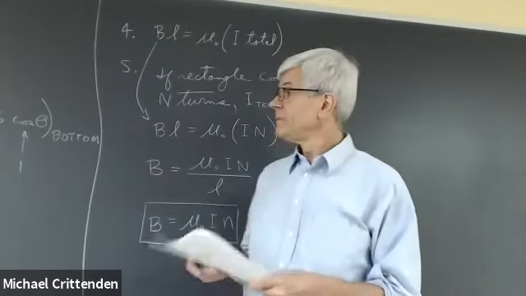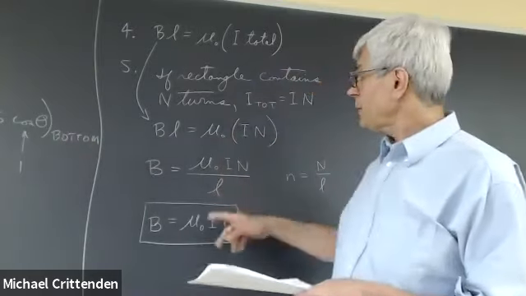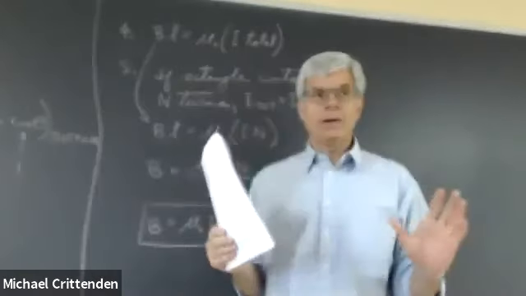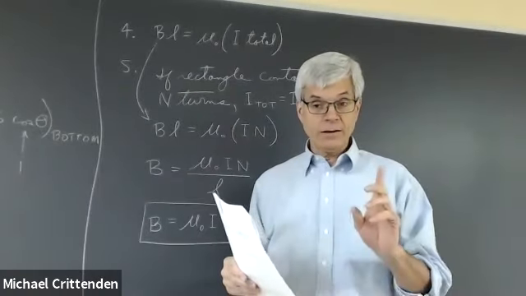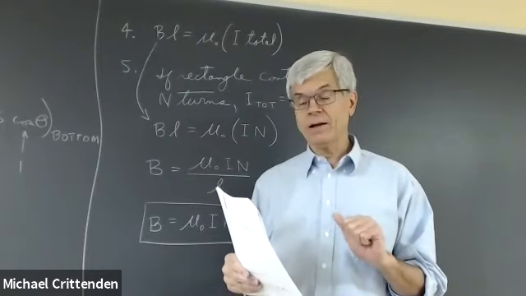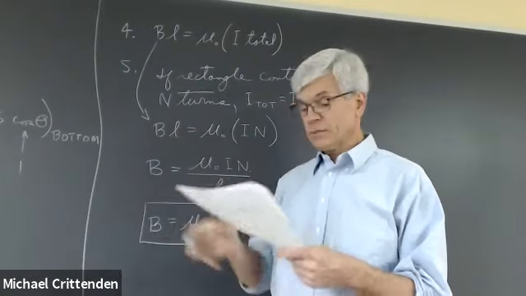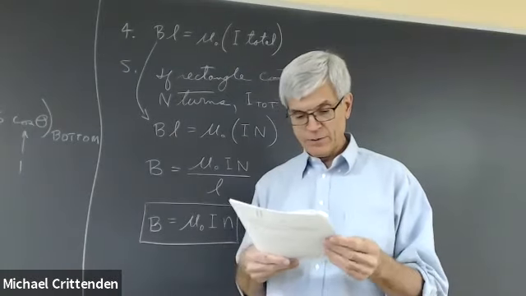One way or another, any unchanging, steady magnetic field can be derived from Ampere's law, as I've shown with a couple of examples, and I will with a couple more here.